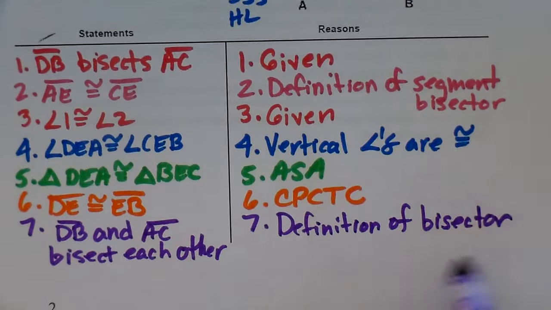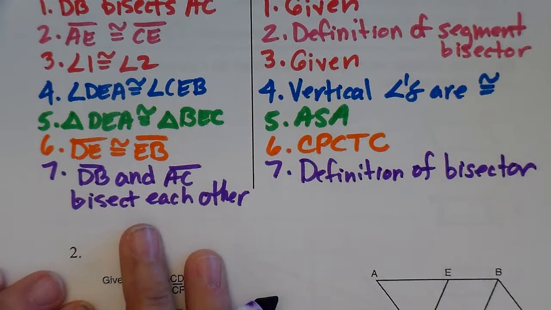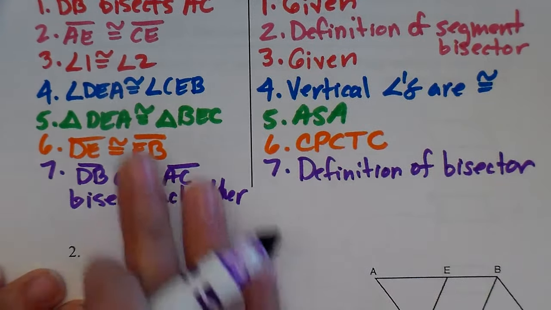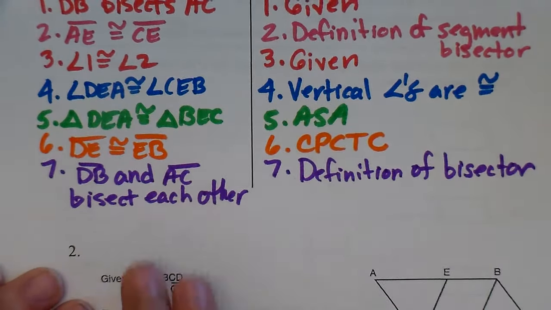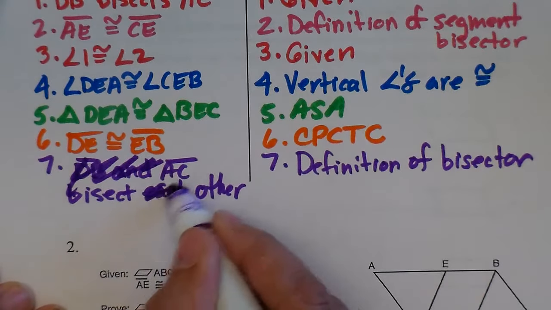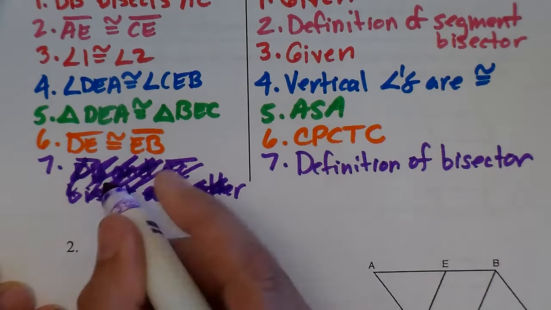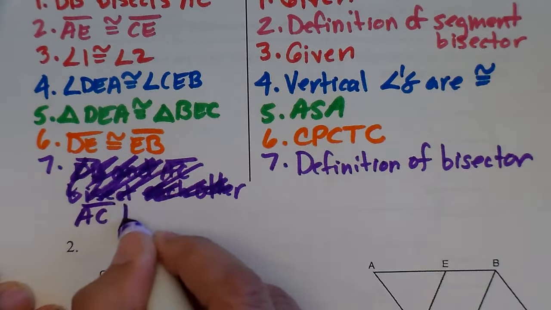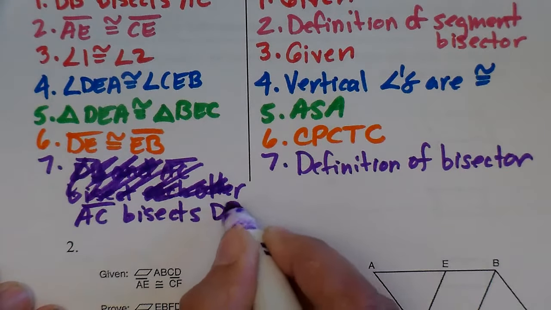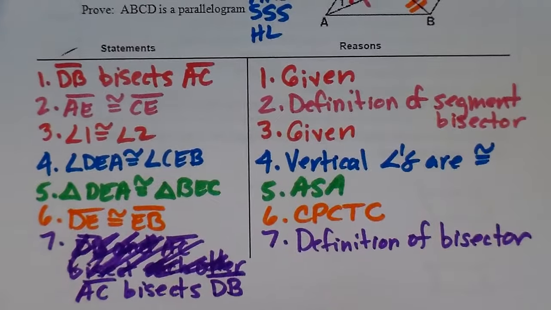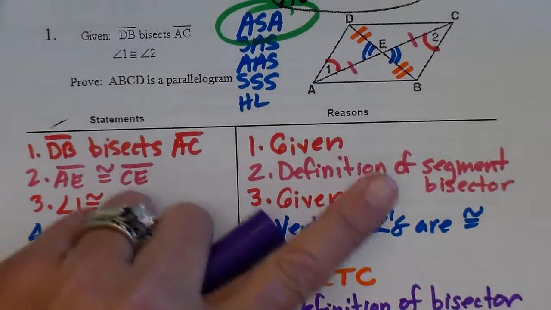You've already established that DB bisects AC, but now you know they bisect each other. So a better way to put this, let me write it in a better way: AC bisects DB. That's better, because I already have DB bisects AC.